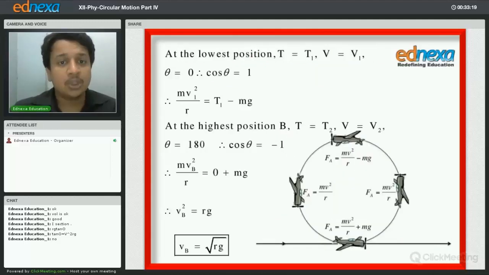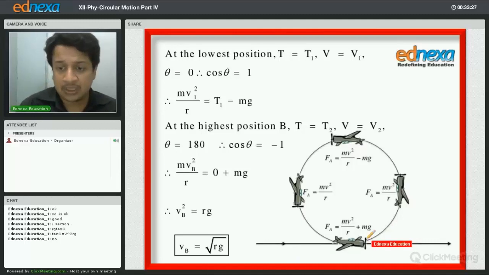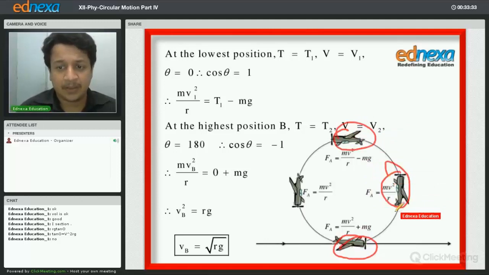We are interested in those velocities, and for that purpose, the first condition is at the lowest position. What is the lowest position? See, this is the lowest position, this is the topmost position, and these are the intermediate positions. Now, at the lowest position, theta is how much?